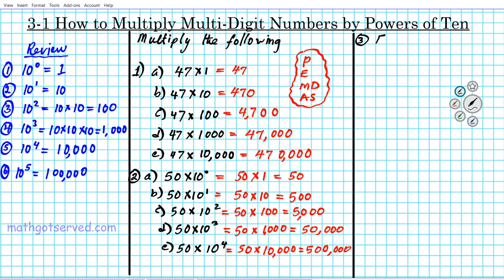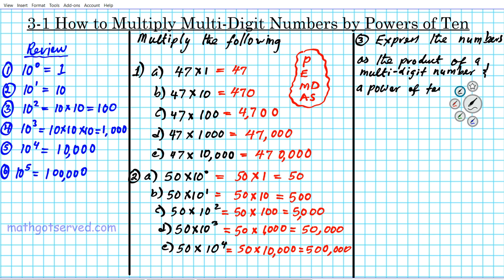What if you were to express the numbers as the product of a multi-digit number and a power of 10.